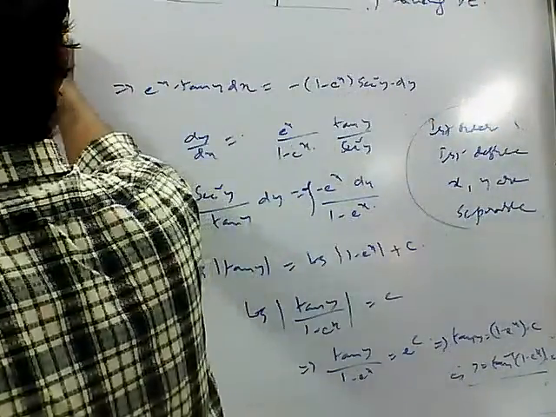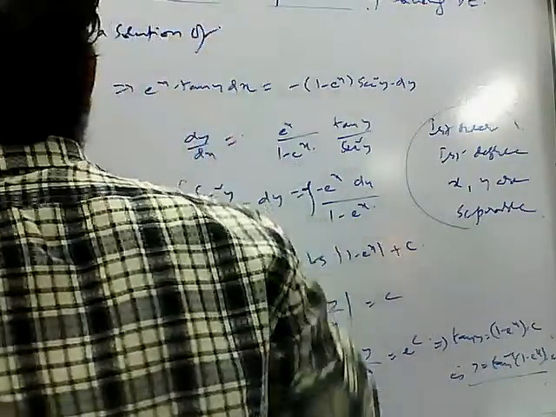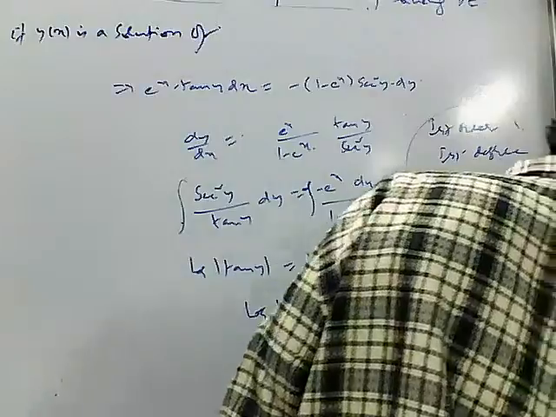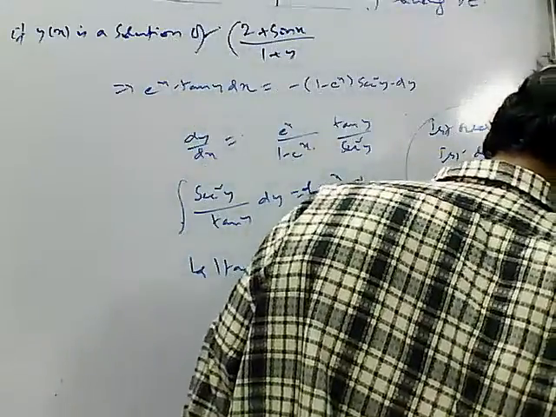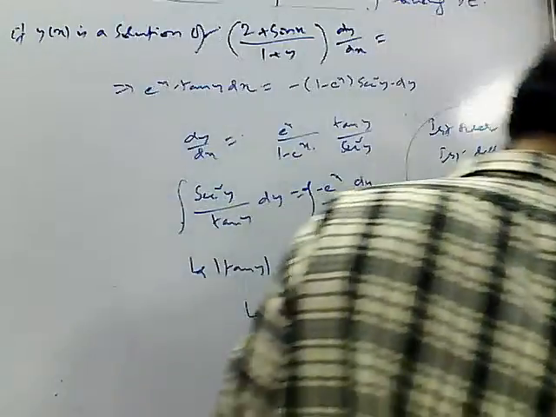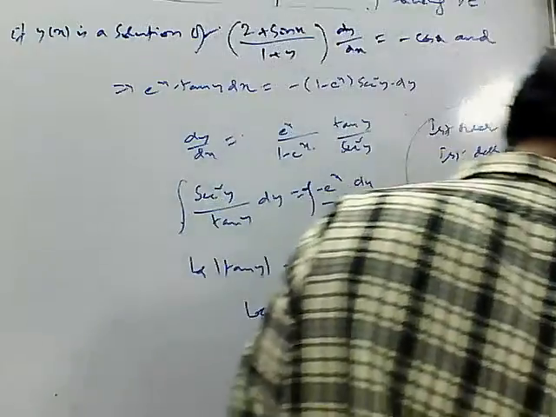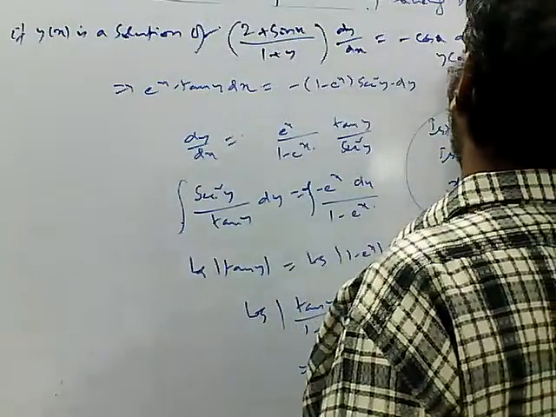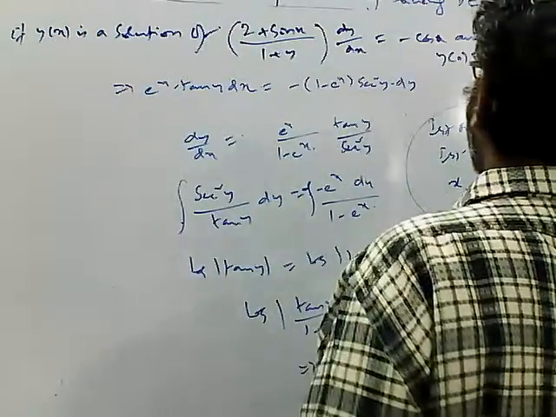Next question. If y of x is a solution of 2 plus sin x by 1 plus y into dy by dx is equal to minus cos x and y of 0 is equal to 1, then find the value of y of pi by 2.